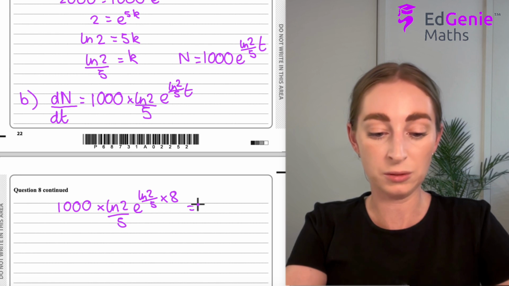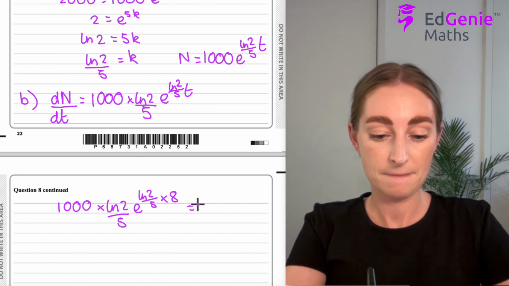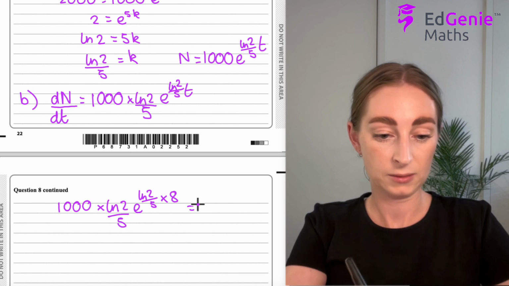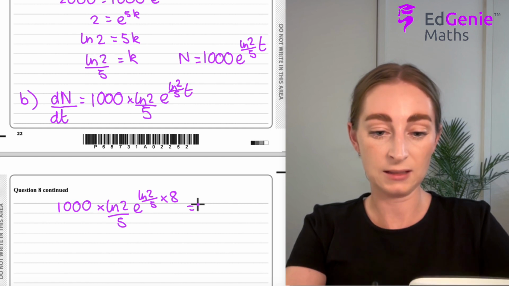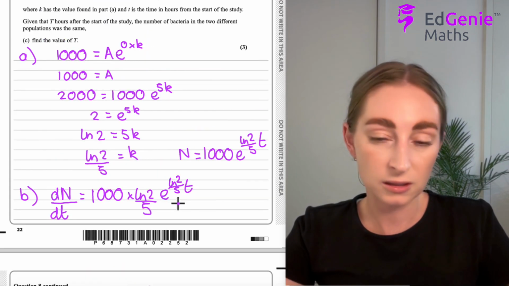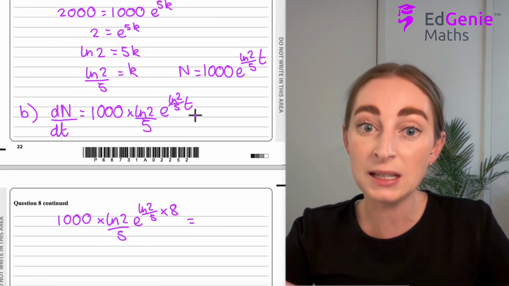Do not do part by part. Exponential, 2 over 5 times 8, and got 420 point something. We want 2 significant figures.